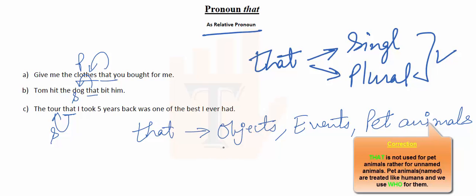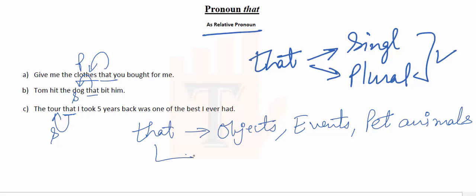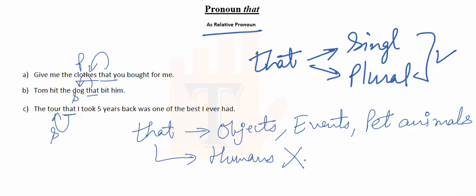But that can never be used for humans. That's always wrong, and GMAT is going to trap you with this. It is going to provide you some relative clauses in which that would refer to humans, but that will never be correct. So let's go with some examples, some real questions of the GMAT exam, and see how they are being used.